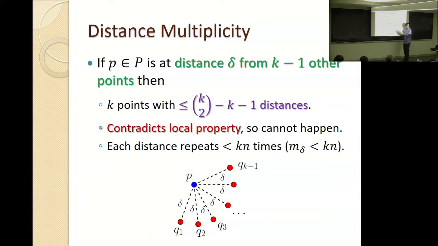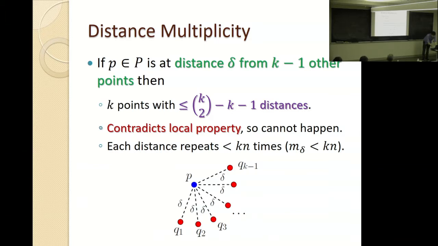So this cannot happen. You cannot have the same distance repeating many times next to a point. Multiply this for every point, and you get that no distance repeats kn times. It's actually smaller, but it doesn't matter. No distance repeats more than kn times in this case. The unit distances problem is easy with this restriction.